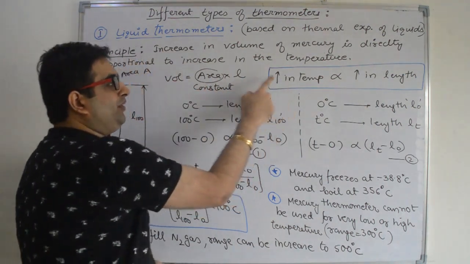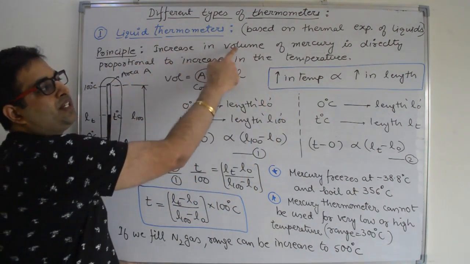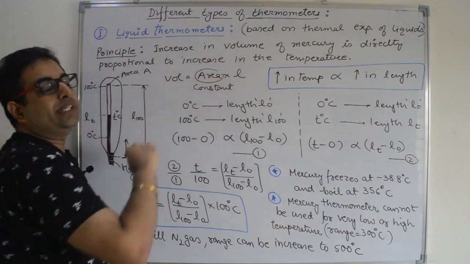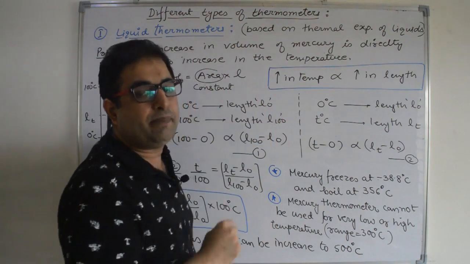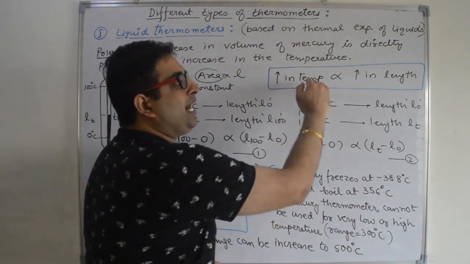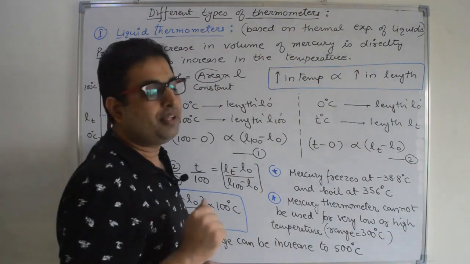So ultimately volume is proportional to length, and increase in volume is also proportional to increase in temperature. So as we increase the temperature of the mercury, the height of the mercury level will also increase, right?